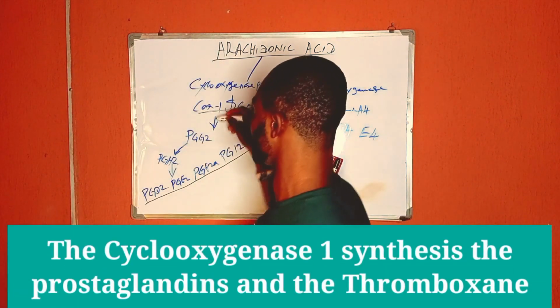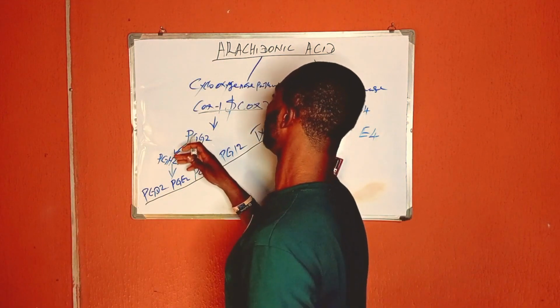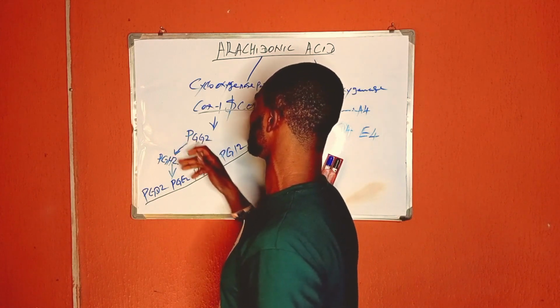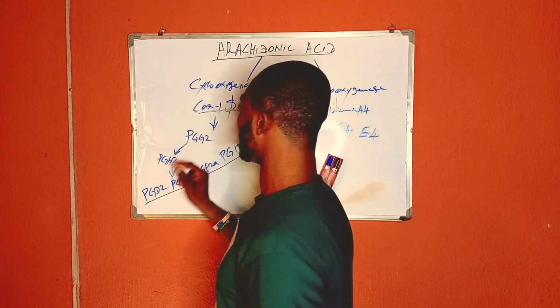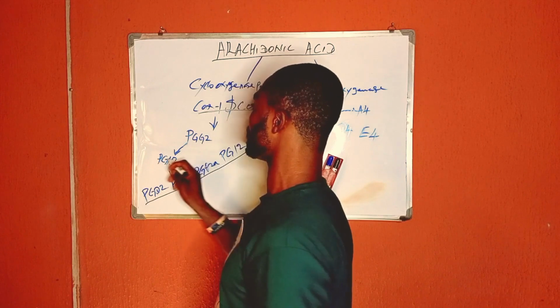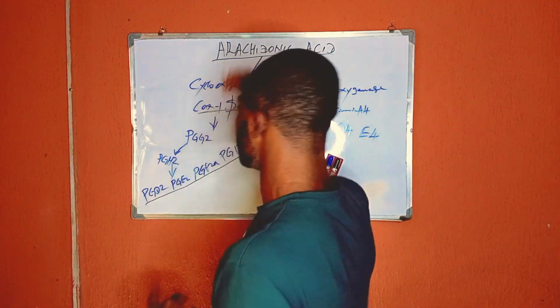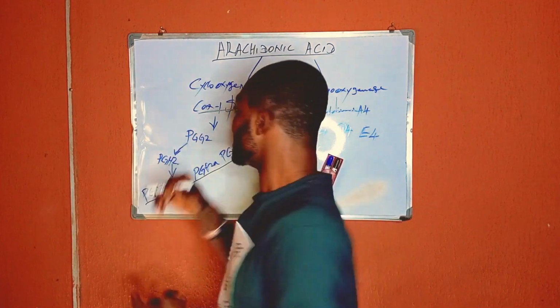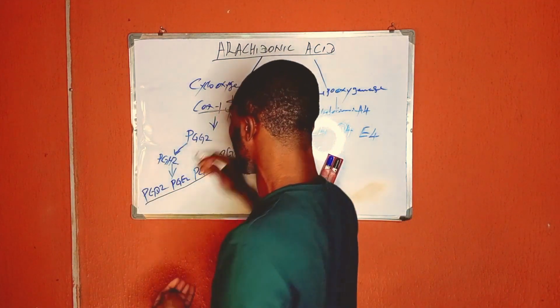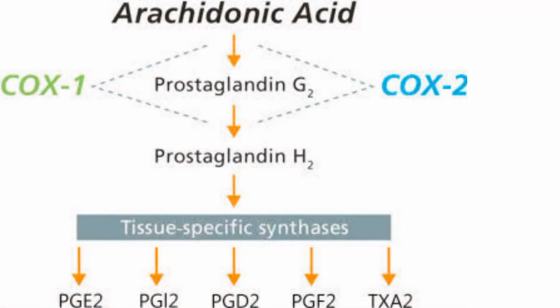This is how it is synthesized, from PTGS2, which is prostaglandin G2, to prostaglandin H2.